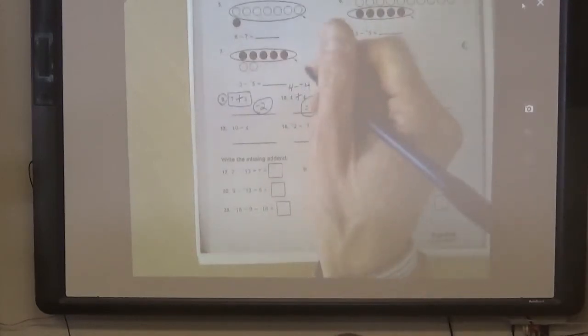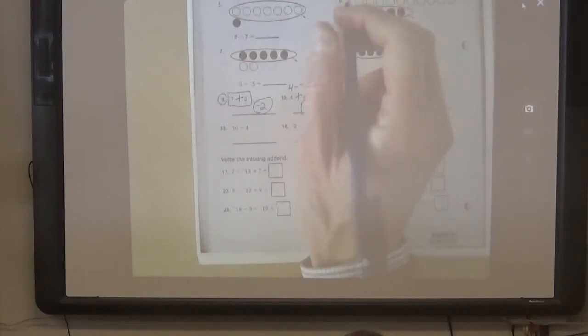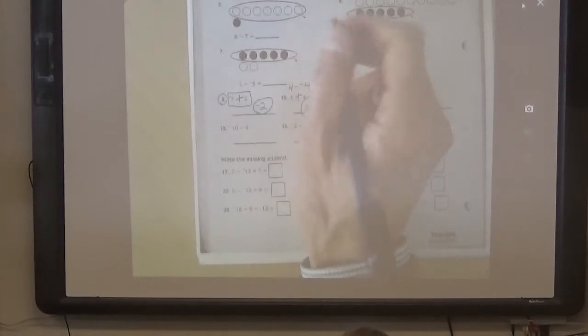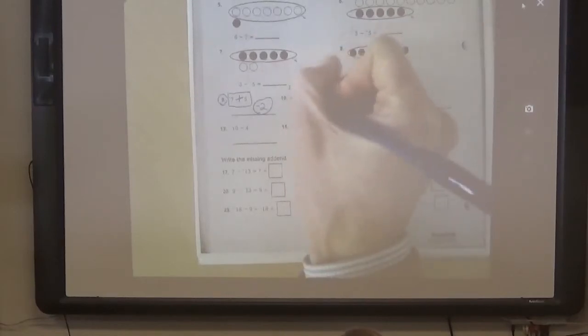So the easiest way is to look for the pattern, and that's what math is all about, finding patterns in numbers. And the pattern is that when you have two minus signs right next to each other, you can change them to just a plus sign.